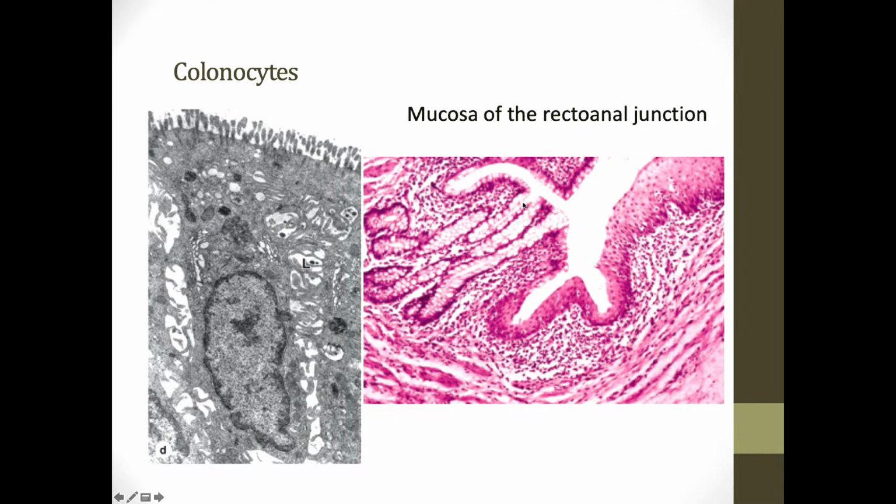Why? Here is the rectum. The rectum is the final part of the large intestine. In the rectum is simple columnar epithelium, and in the anus it's stratified squamous epithelium. Is the difference between these epithelial linings visible?